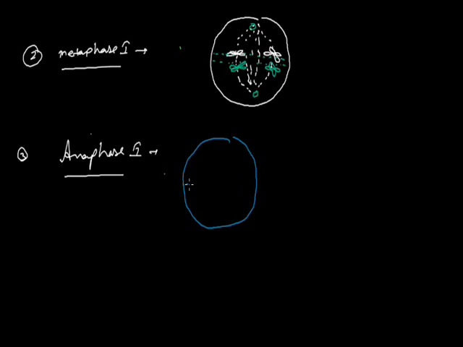In anaphase, each chromosome separates and moves towards the poles. The movement is due to spindle fibers that pull the chromosomes toward the poles. Two types of movement are seen: pulling movement and pushing movement, due to the fibers present.